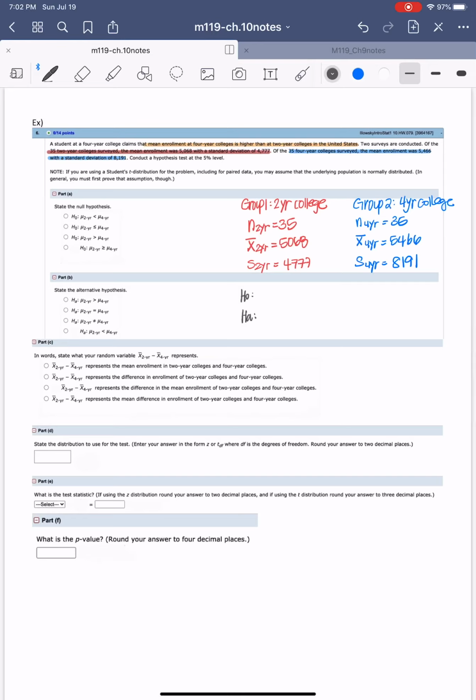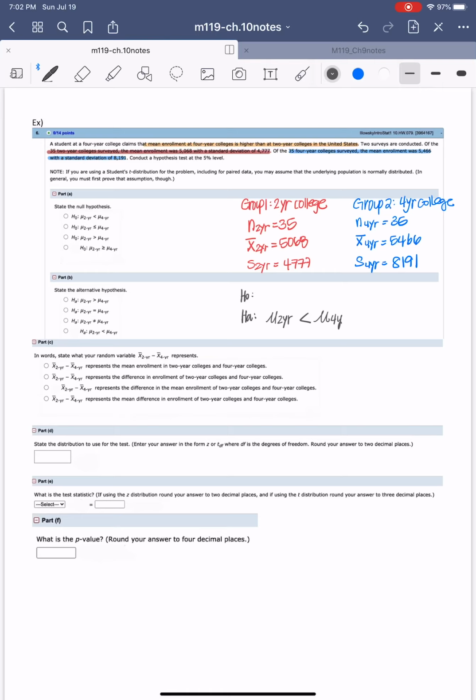What's our parameter? Mean, right? We have a mean of 4-year college higher than 2 years. So you have mu of 2-year, mu of 4-year, mean of 4 years, so greater than.